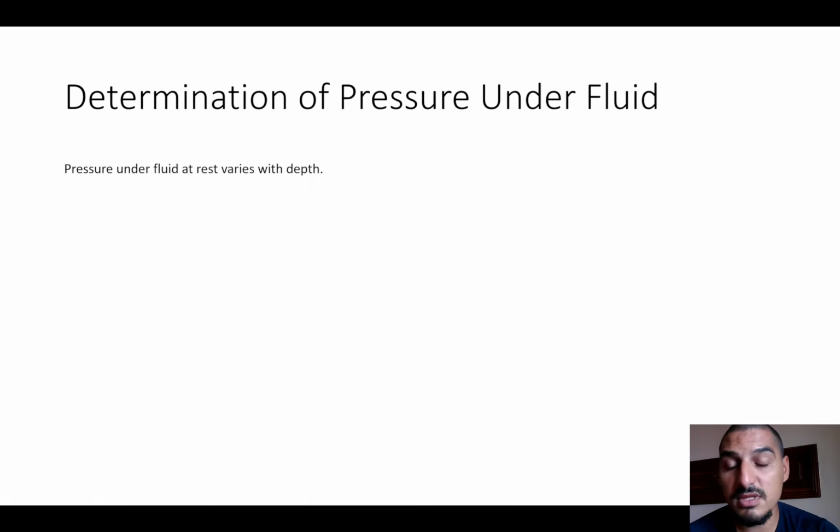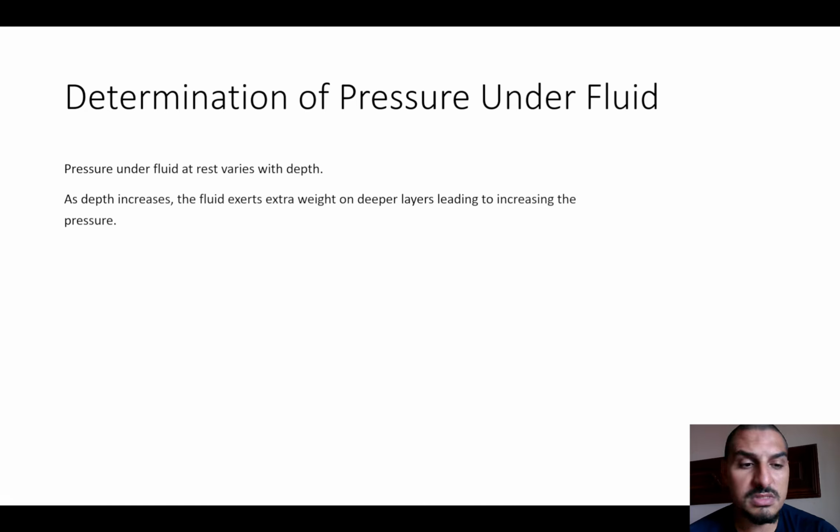So the depth is the main parameter that affects it, and it can be easily explained that as the point gets deeper in a fluid, the weight of the fluid itself puts more pressure on the point.